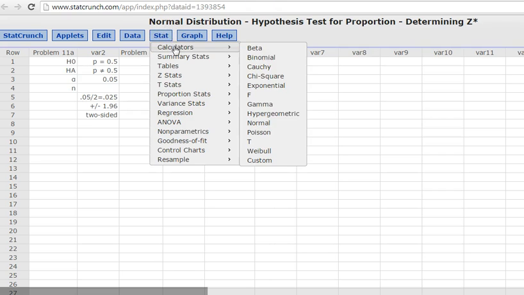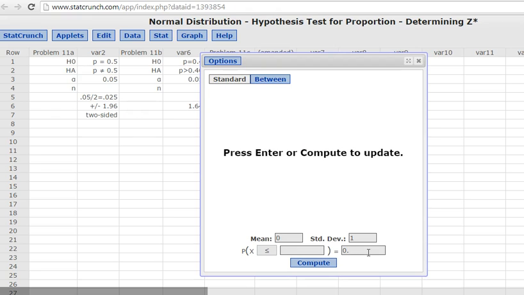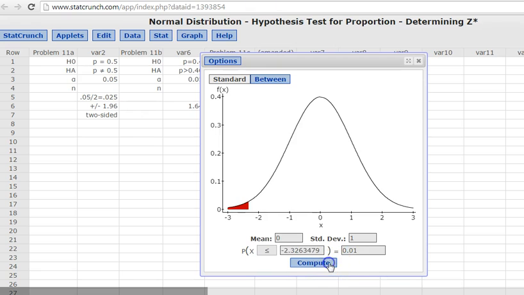I go to Stat, I go to Calculators, I go to Normal. I make sure that less than is here on the left. I go over to the right and I insert 0.01. I click compute. And here in the center, I get negative 2.33 as our critical z-value. Right here in the tail, we're on the left-hand side, the negative side.